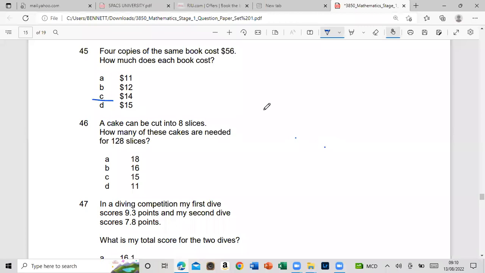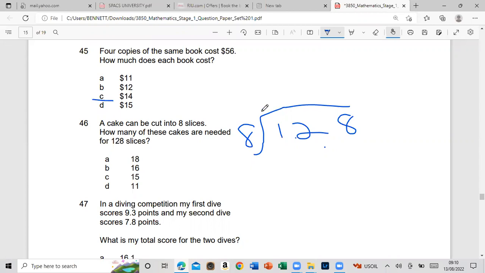All right. What did you get, 16? What's the method they used? Division. Divide, right? Because every cake has 8 slices.